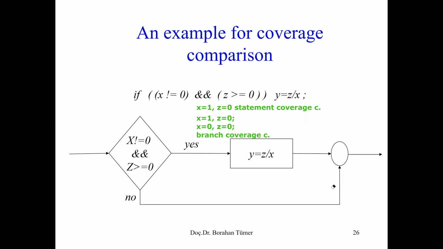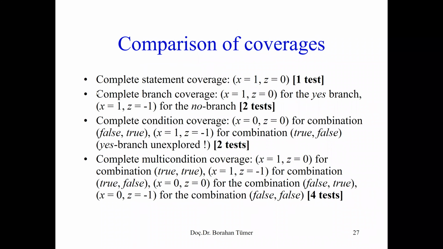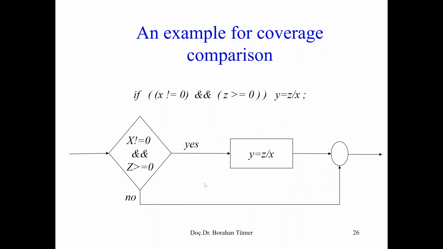Or let's look at the next page and see what is going on. All right. But for the complete statement coverage, one test is enough. For the complete branch coverage, two tests are enough. For complete condition coverage, okay, let's go back. For the complete condition coverage, what test cases would I need?